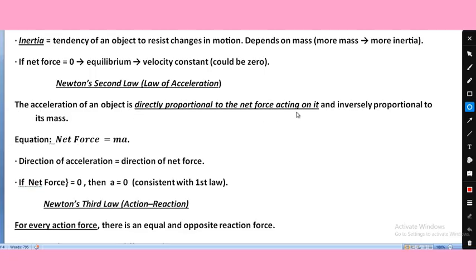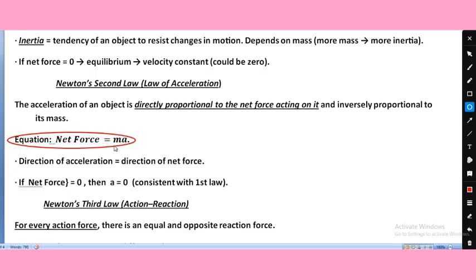The second law states that the acceleration of an object is directly proportional to the net force acting on it and inversely proportional to its mass. The equation is written as follows. The net force accelerates the object in the direction of the applied force, for constant mass.